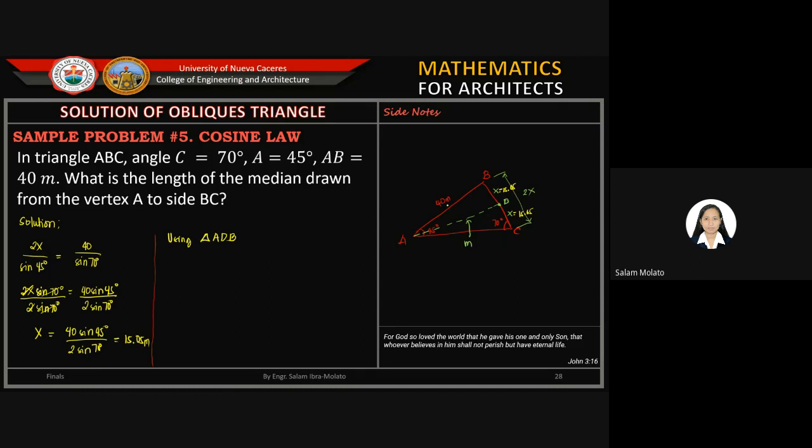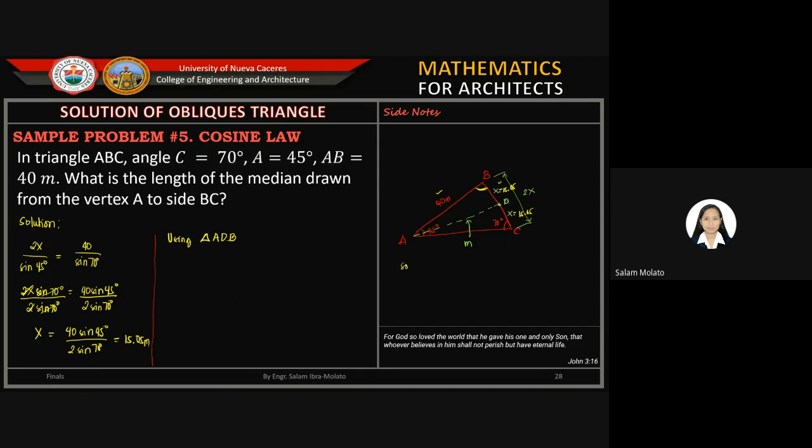Since we have 40 meters, we have 15.05, and we're looking for M. So to do that, since cosine law yung gagamitin natin, we need to have this side, and the angle between them.